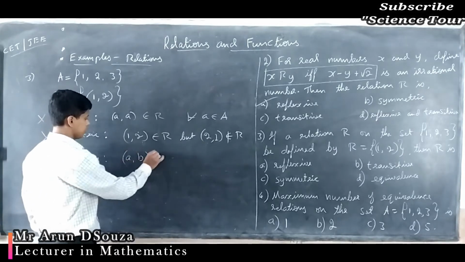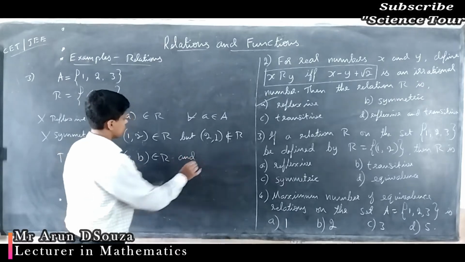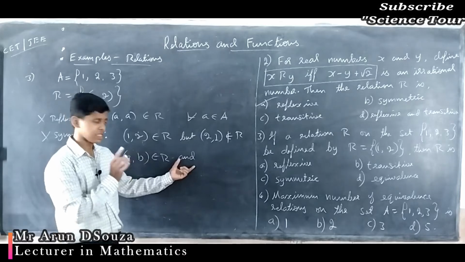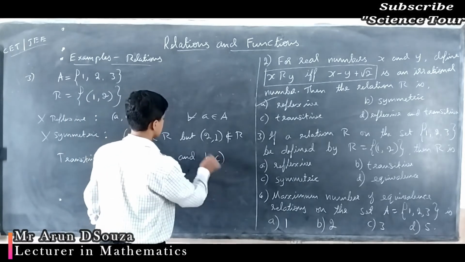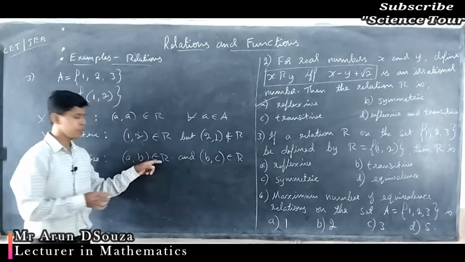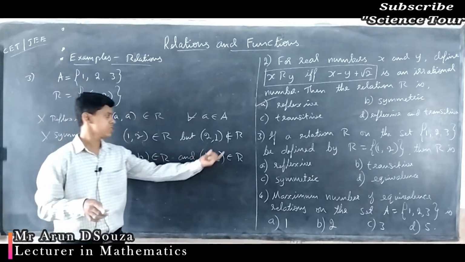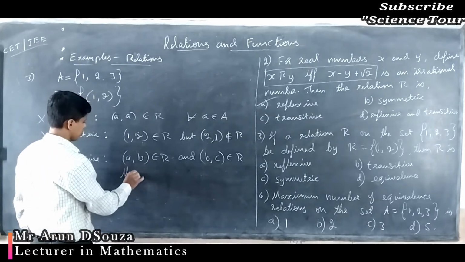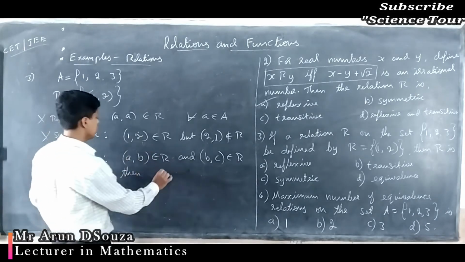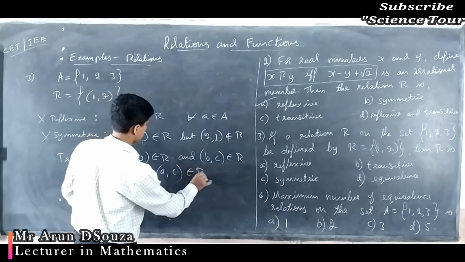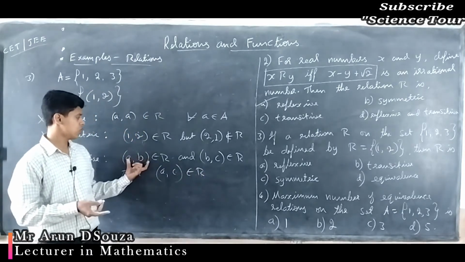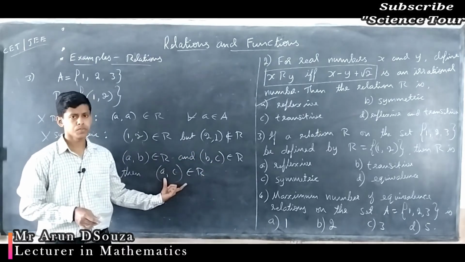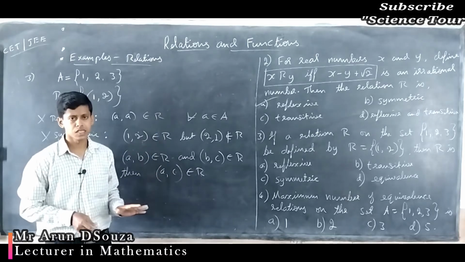If A comma B belongs to R, and the word and is very important. It is not or, it is and. Both must be present. A comma B must belong to the relation, and B comma C also must be there in the relation. Then if both are there, then only A comma C must be there. If A comma B is there but B comma C is not there, then you don't have to worry about A comma C. Whether it is there or not, it is transitive itself.